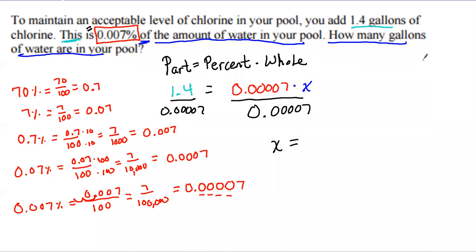So my correct answer here for the number of gallons of water in the pool would be 20,000, and let's put units on that: gallons.